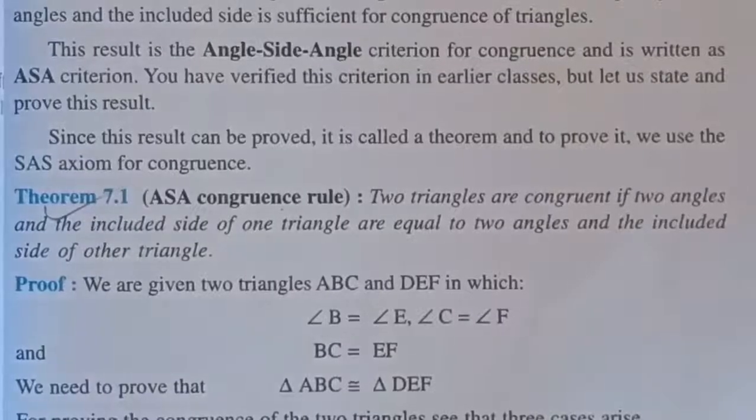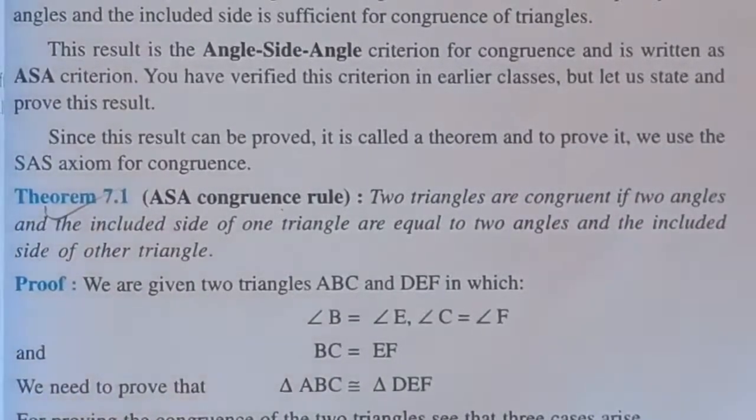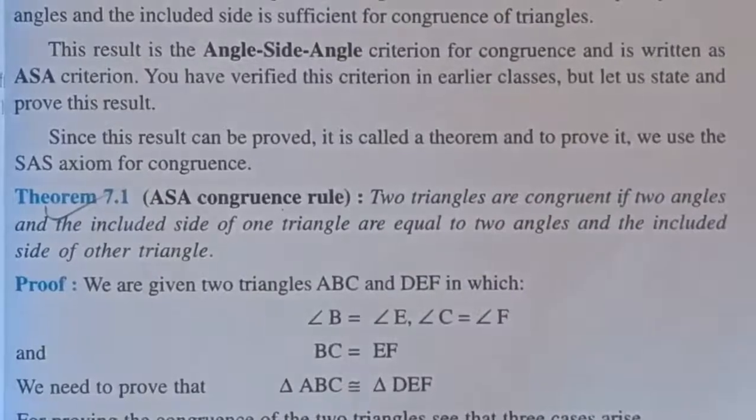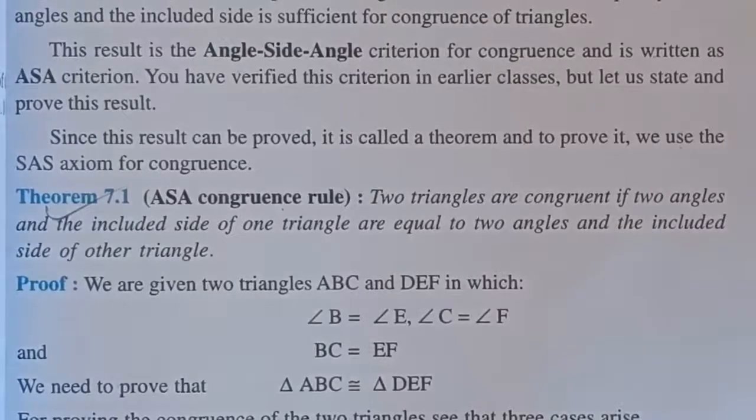Next, criteria for congruence of triangles is ASA Congruence Rule, which is given as Theorem 7.1 in your textbook. So by ASA Congruence Rule, two triangles are congruent if two angles and the included side of one triangle are equal to two angles and the included side of the other triangle.